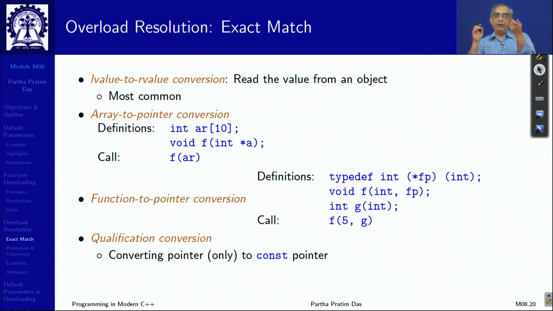So, any variable can be used by taking its value, that is a match. Array to pointer conversion is an exact match. I can have a function which takes a pointer to integer and pass an integer array to that. I can have a function pointer and pass a function to that without making it a pointer. I can convert pointers only to constant pointers. These are all exact match conversions.